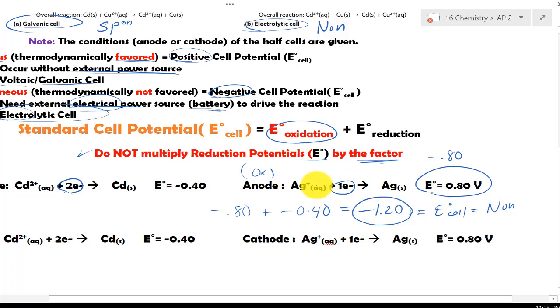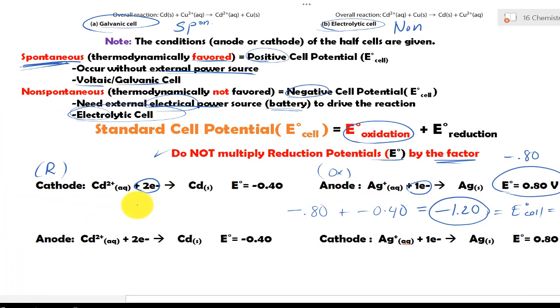Let's try another problem. Here I take this and reverse the condition, where I take the cadmium and make it the anode. In this case, this will be oxidation, so this is going to be positive 0.40 because it's oxidation now. The cathode is your reduction, so this stays the same. So we have plus 0.40 from oxidation, plus the reduction, which is 0.80.